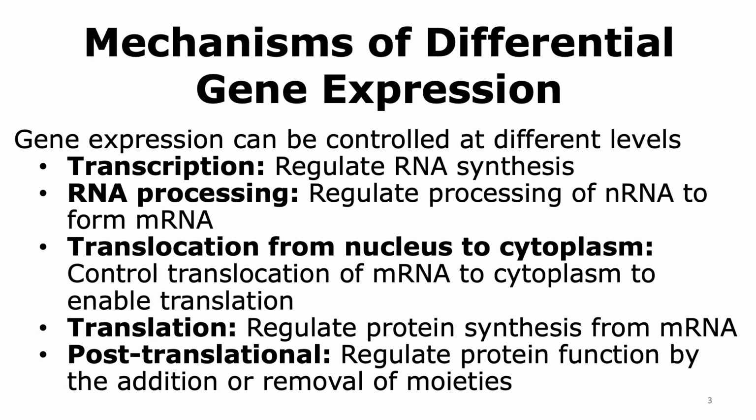Finally, just making a protein does not ensure that it will actually be functional. In some proteins, post-translational modifications are required, and thus we can regulate protein function by the addition or removal of certain moieties like phosphate groups or other types of functional groups.